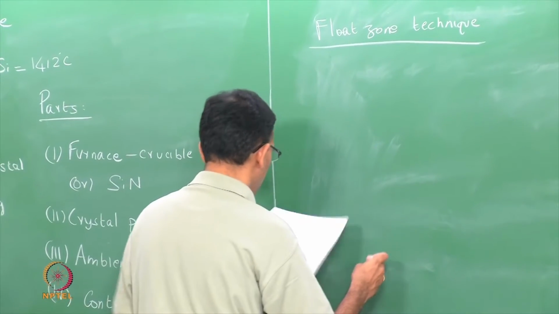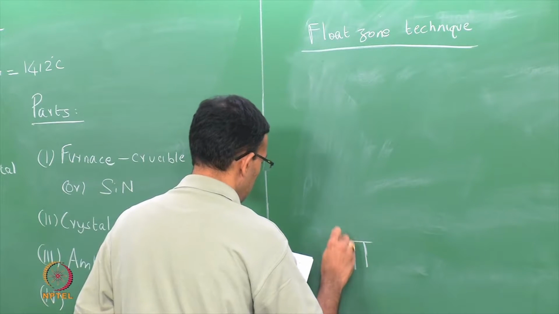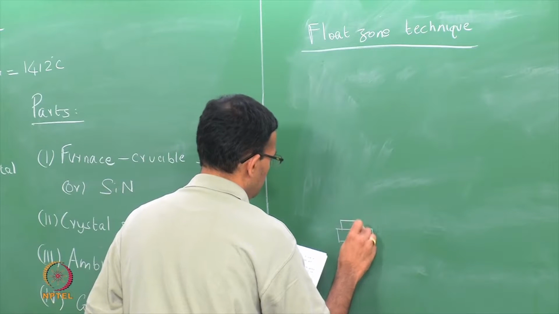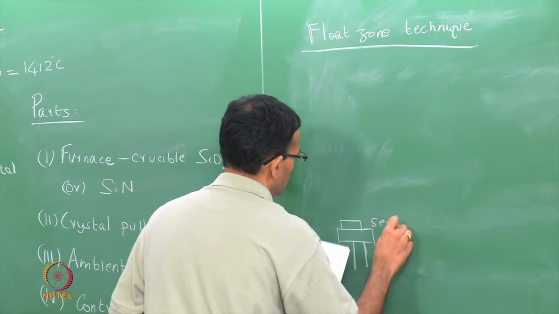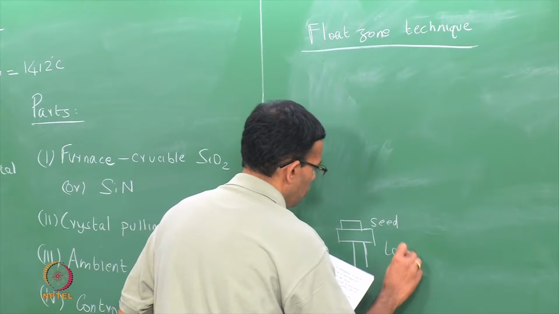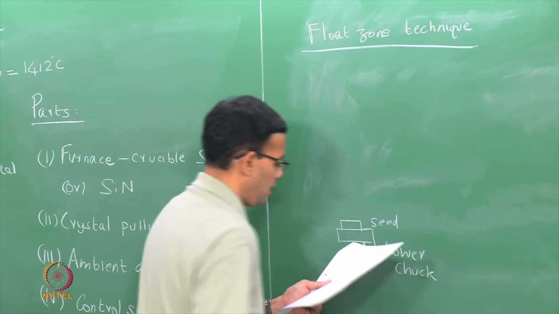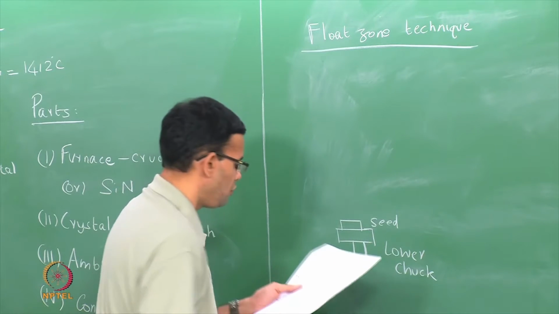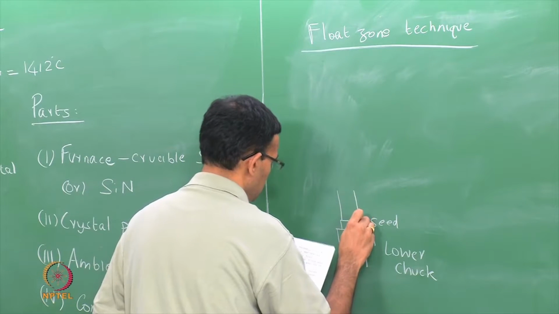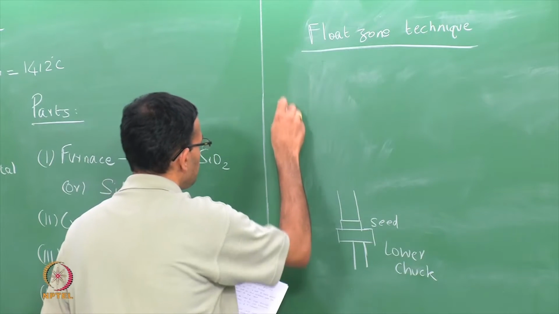So, in the float zone technique, the ingot is taken, again in a furnace. There is a seed crystal, which has the right orientation that you need. It is mounted on a chuck, which we call the lower chuck, and the polycrystalline wafer is fused onto the seed crystal. The whole thing is taken in a furnace.